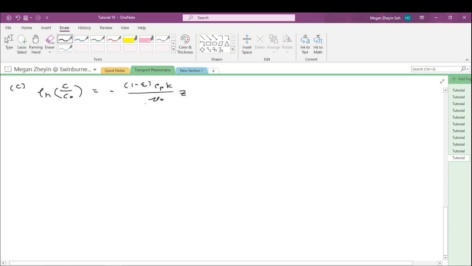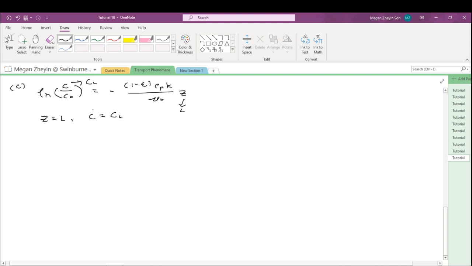So at z equals L, C equals CL, right? So we substitute this one with L, this one with L, and this one we substitute with CL.